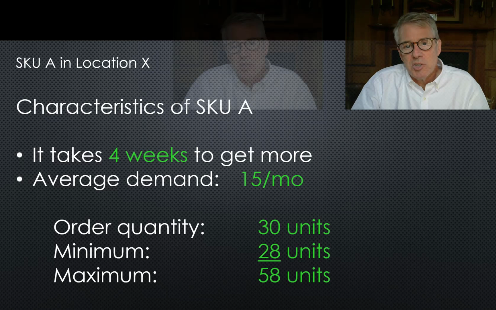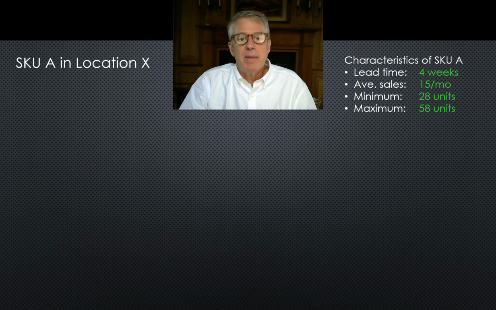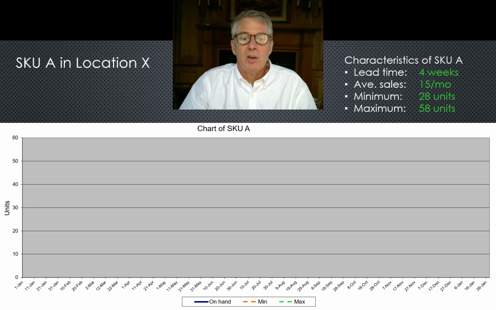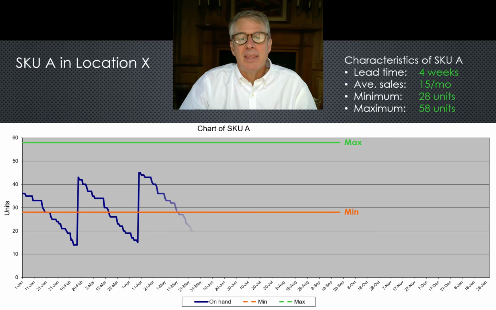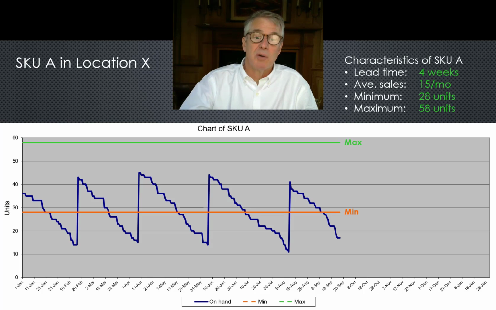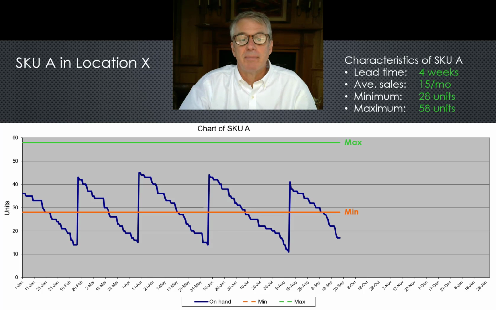Let's see what that looks like on a chart. Same data we had on the last slide, just as a reminder. Looking at an arbitrary period of time starting at the first of the year, the green line represents the maximum and the orange line is the minimum. The dark blue line shows the on-hand inventory over time.